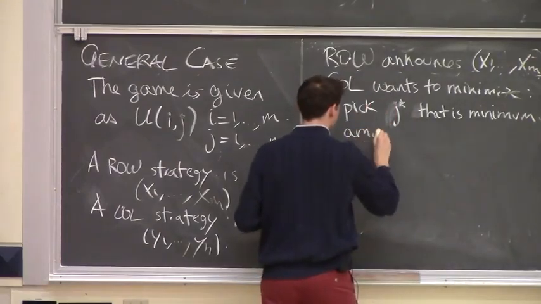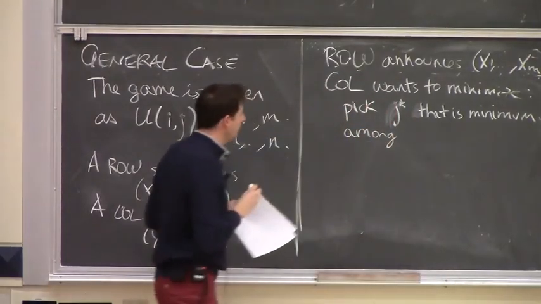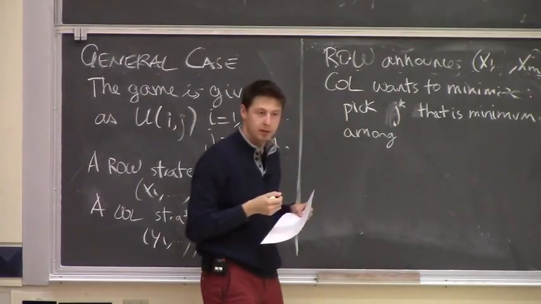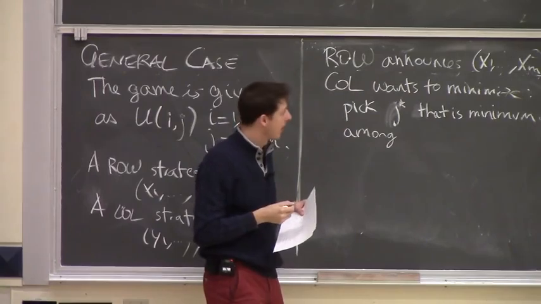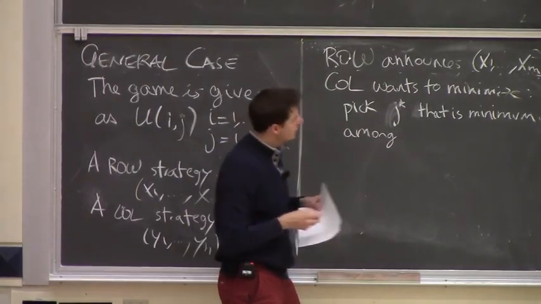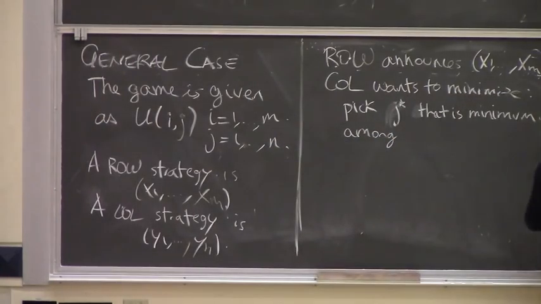among what is the set within which he wants to minimize over? Right, so he has options that look like those, right? Some of them will be, I don't know, 5x1 minus x2 plus x3 minus 7x4, blah, blah, blah, right?